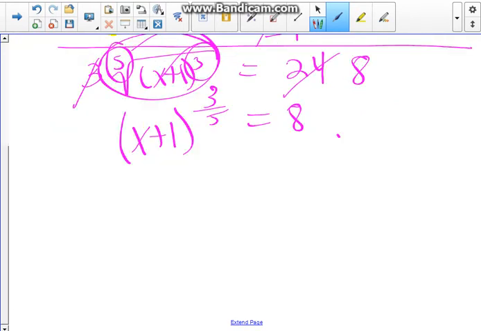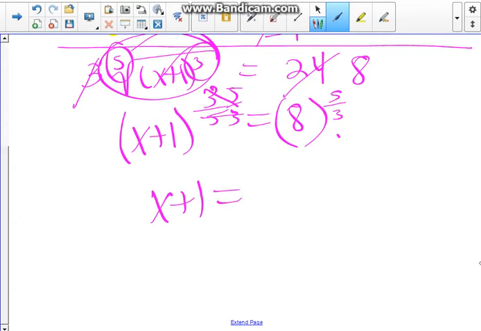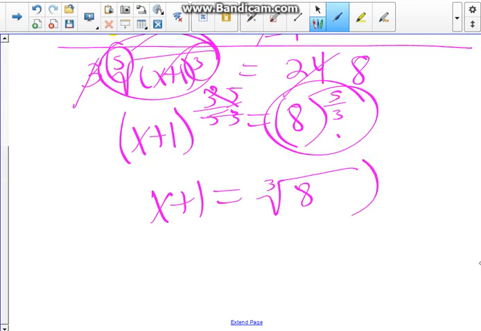Now to clear it, notice that they're both odd, so when I clear it I don't need the absolute value signs. So I'm going to multiply times the 5/3, and then I'm going to multiply 8 to the 5/3. These cancel out, and I'm left with x plus 1, don't need the absolute value signs, equal, and now I'm going to rewrite this as a radical. So that becomes the cubed root of 8 to the 5th power.